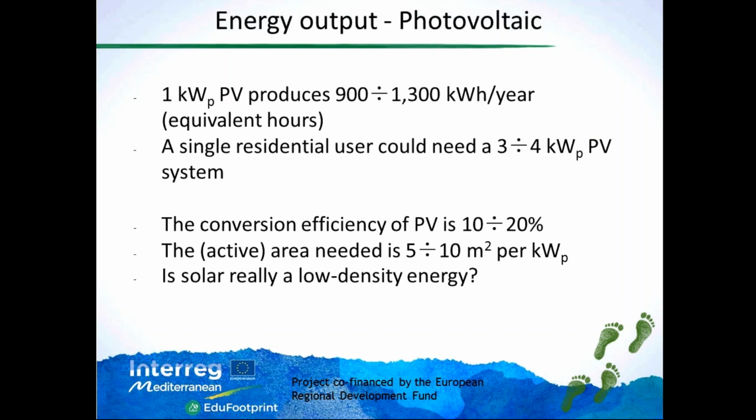So again, I encourage you not to say, okay, we don't have enough area, but really to do some easy calculations, taking these figures as a reference, and you can see that usually your roof is enough.